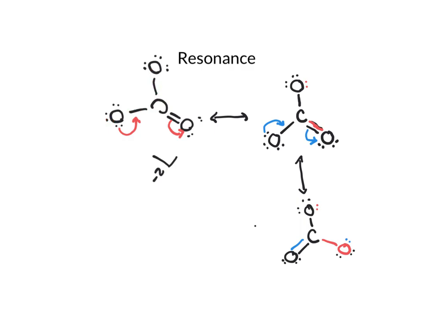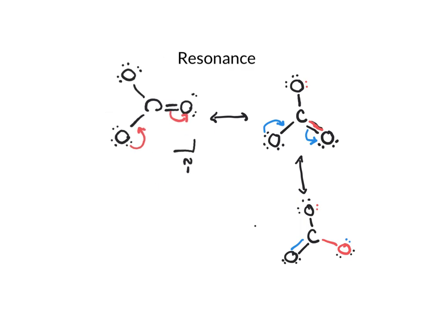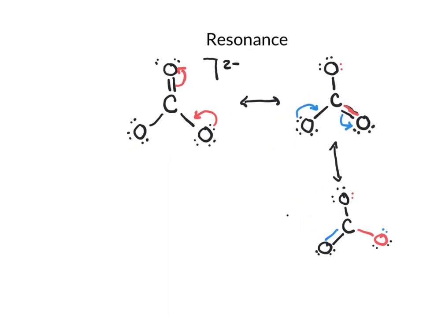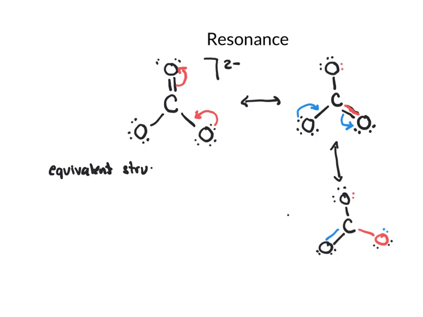So if I can just simply rotate the structure and get one of my other resonance structures, then in fact those are equivalent resonance structures. So let's rotate this guy back to where it was, and now we can say that an equivalent resonance structure is just a rotated structure relative to all the other structures.